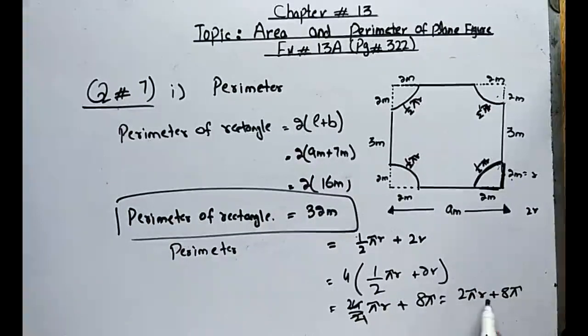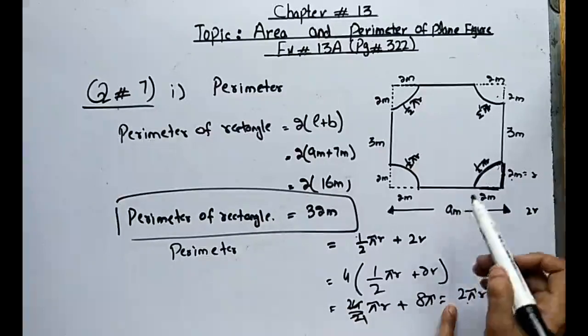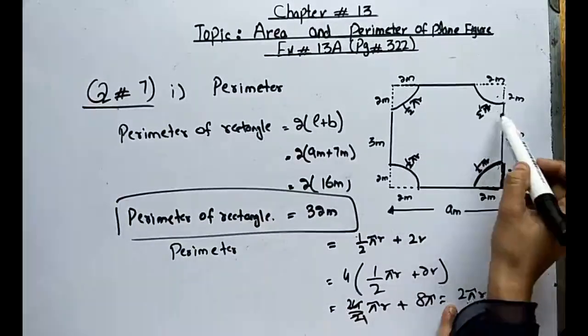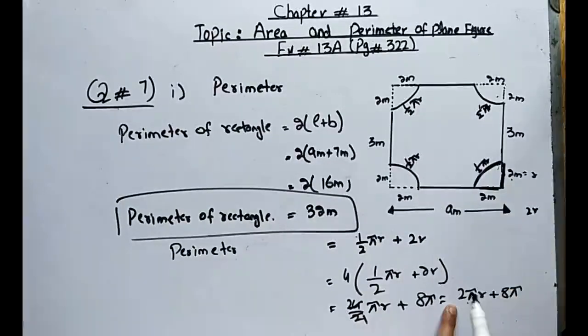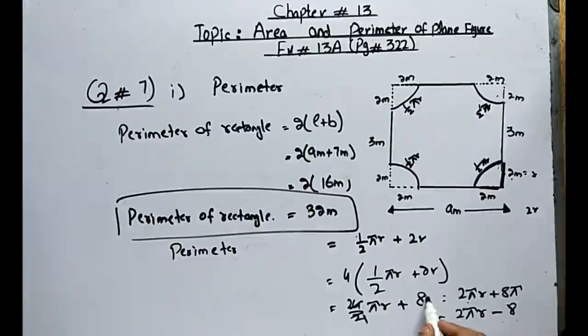Now they are asking about the perimeter, means outside, outer side now. Perimeter of this figure. Fine? This one. So what we will do? We will use this one, 2 pi r minus 8r.